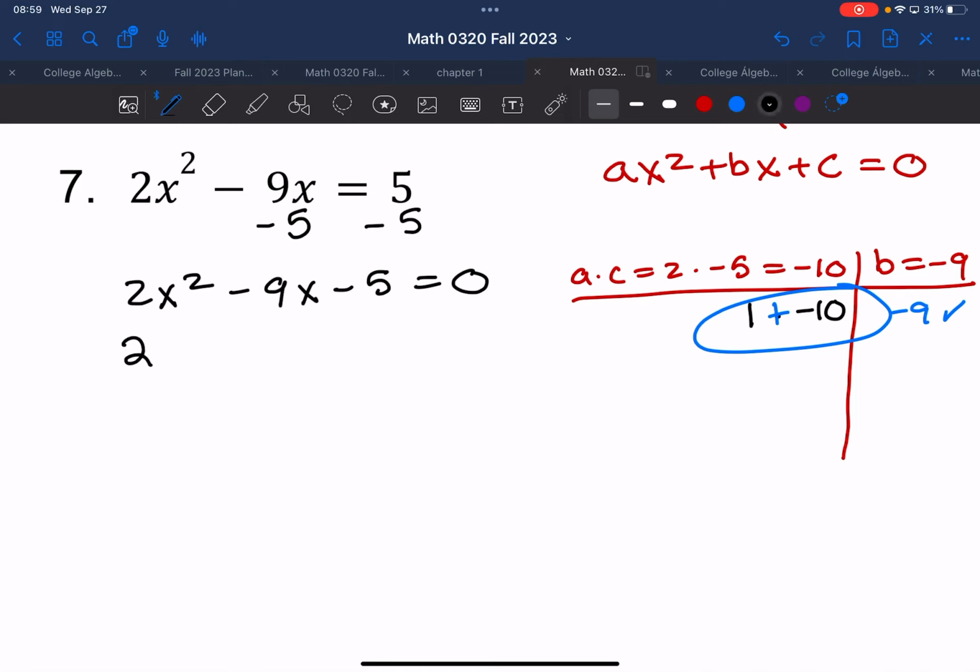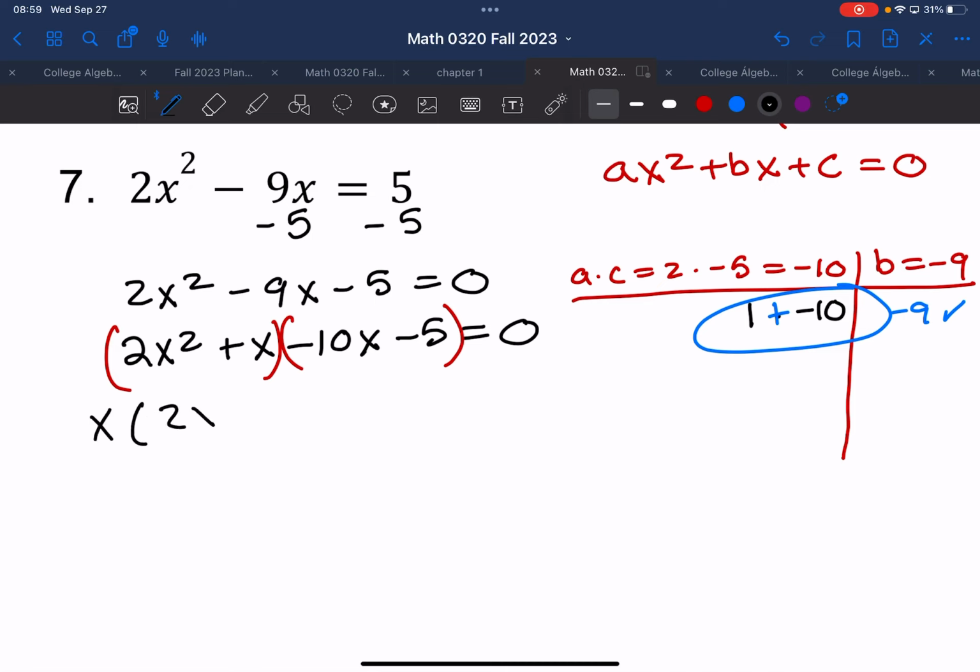So I have 2x squared plus x minus 10x minus 5 equals 0. So I took my b value of negative 9x and expanded it into my factors. That gave me 4 terms, which tells me I do factor by grouping. I'm going to take the GCF out of the first term, and that GCF is x.